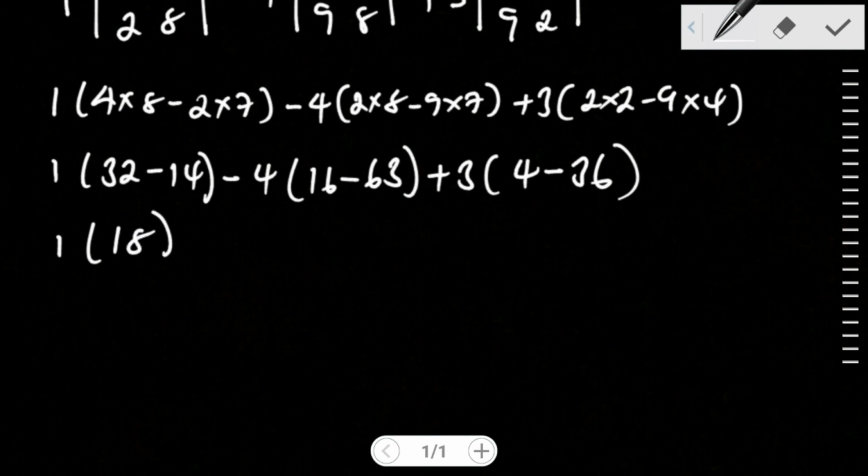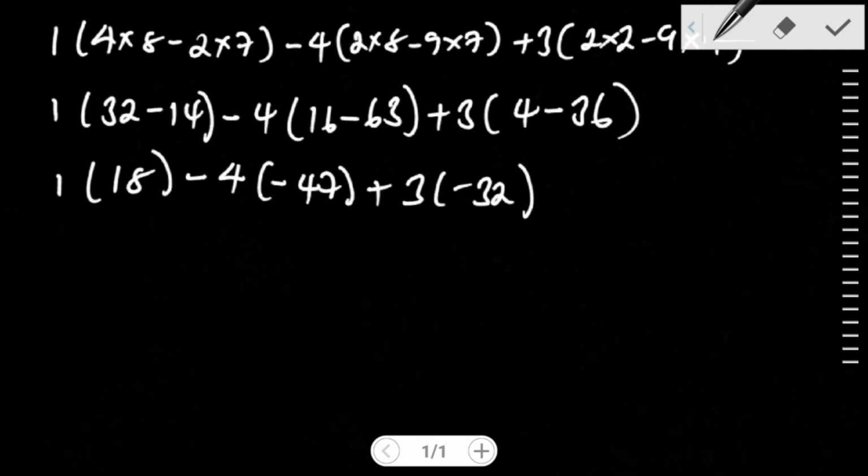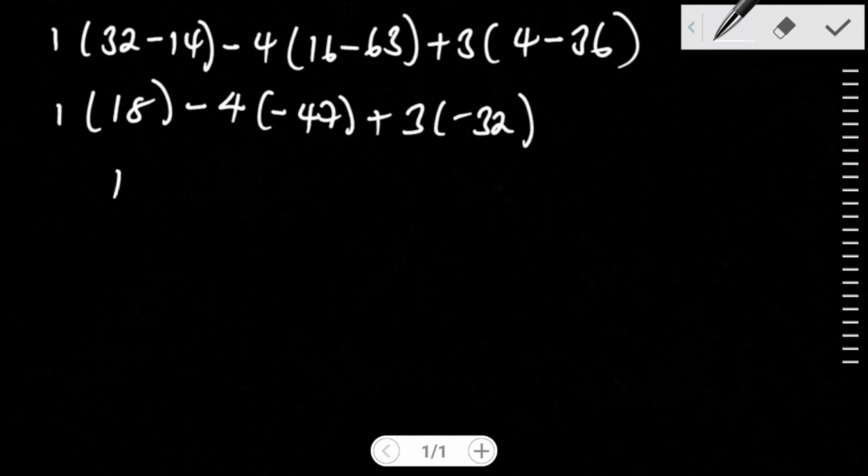Minus 4 into 16 minus 63, which is negative 47. Plus 3 into 4 minus 36, of which we have negative 32.